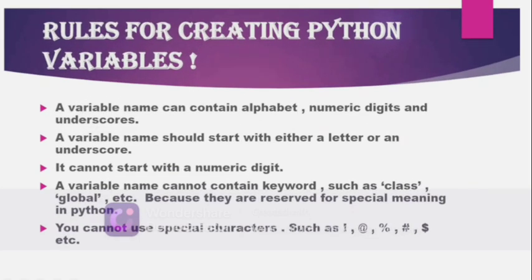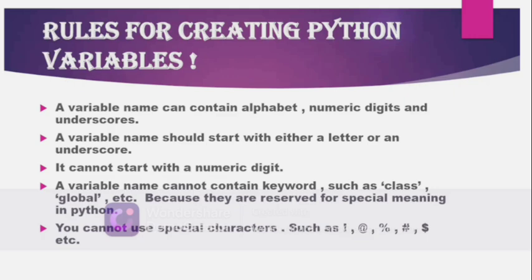Next thing is rules for creating a Python variable. What are the rules? A variable name can contain alphabets, numeric digits and underscore. A variable name should start with either a letter or an underscore. देखो जो हमारा वेरिएबल का नेम है, it can contain alphabet, numeric digits and underscore, और it can start with a letter or an underscore.